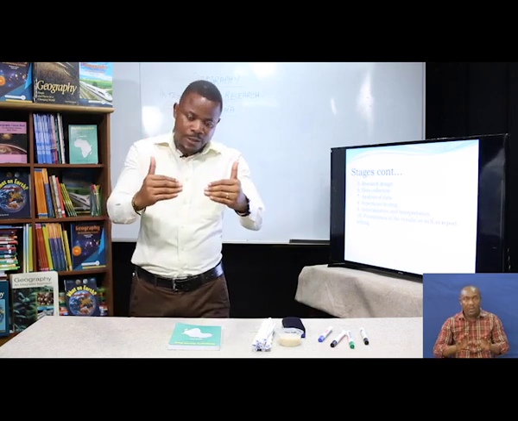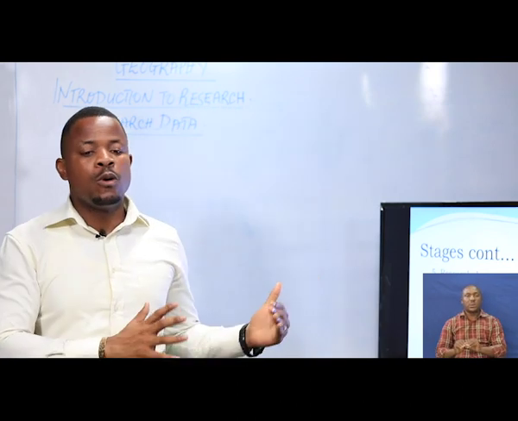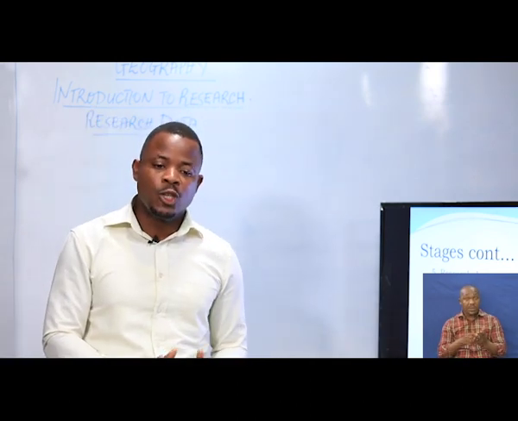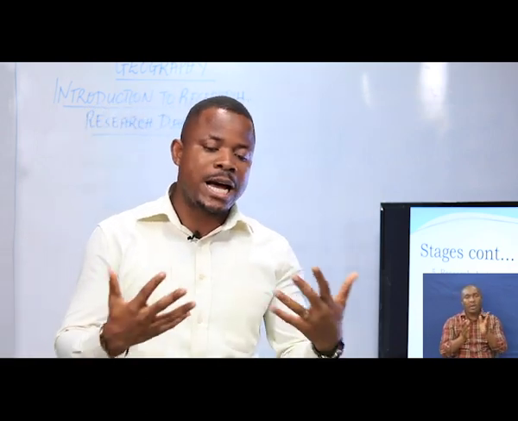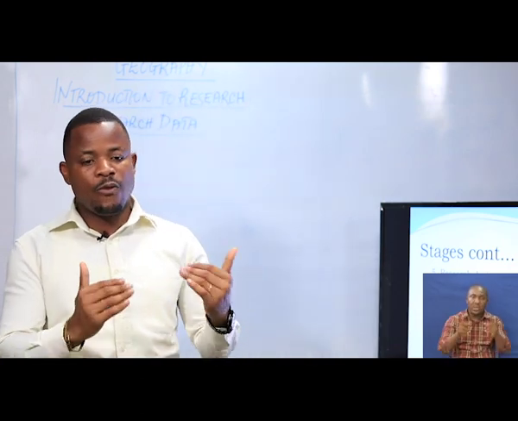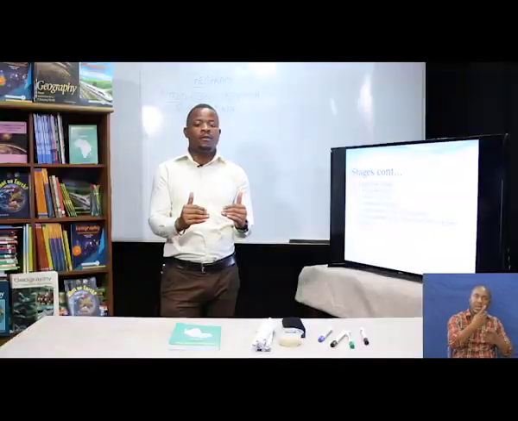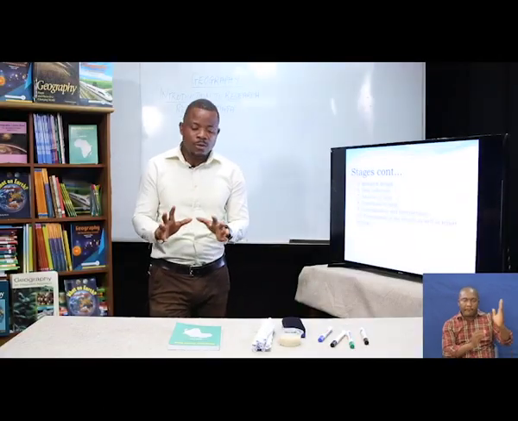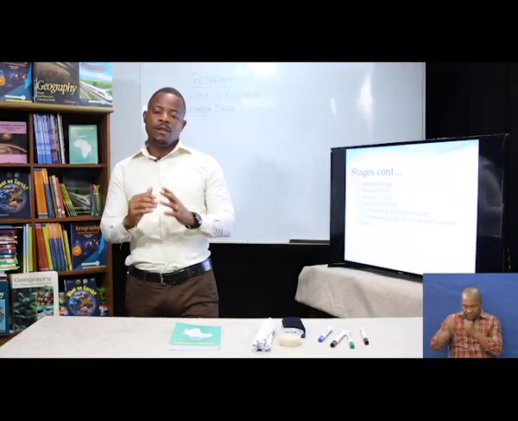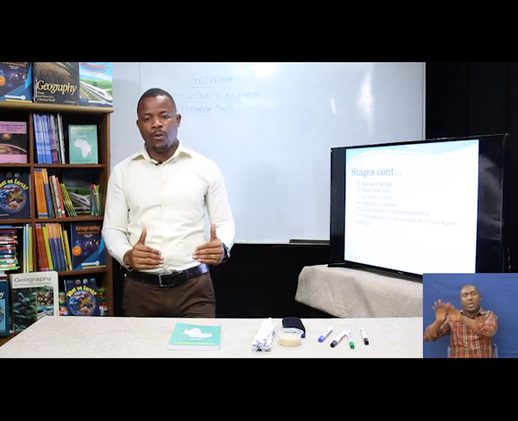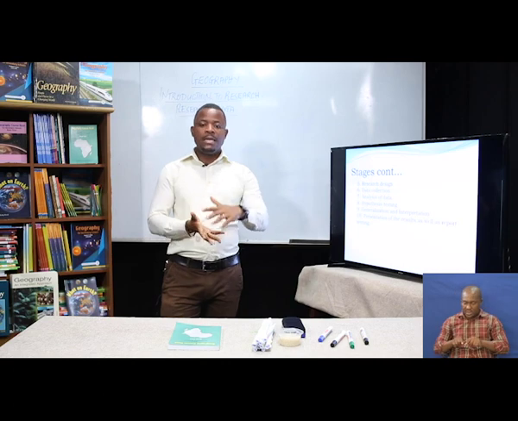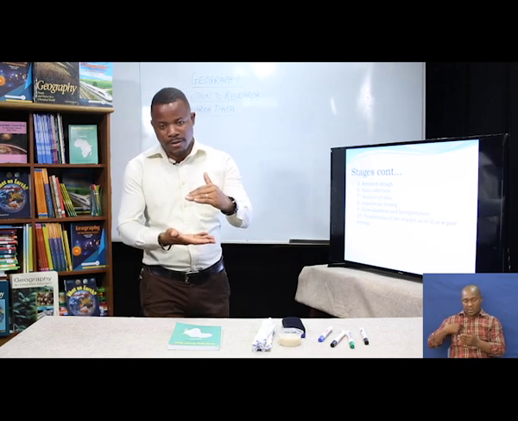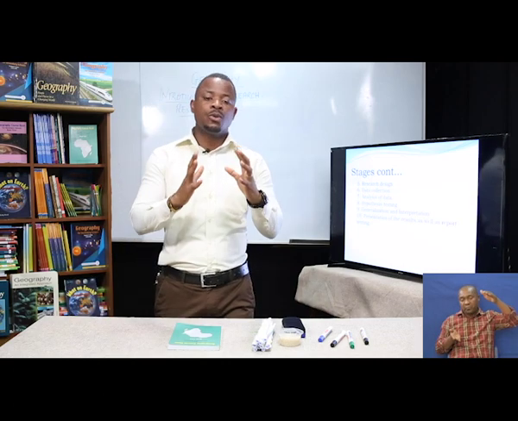After you have interpreted the information, you present them using different graphical methods like graphs or charts or whatever. And then from there you draw your conclusion. And then you finally put down a report that, okay, this is the research and this is the report, therefore this is what I have found out. So these are 10 basic stages of conducting research.